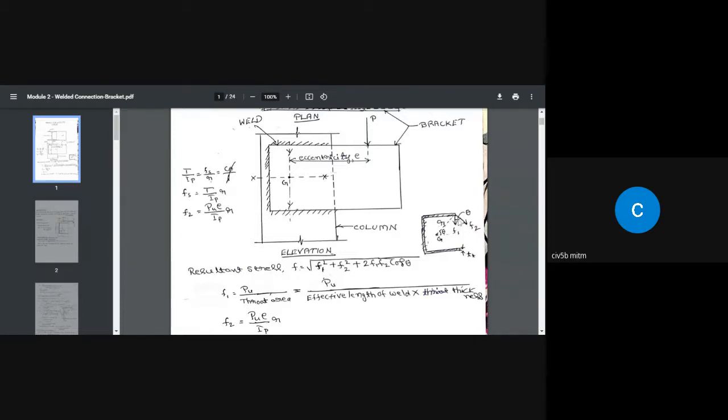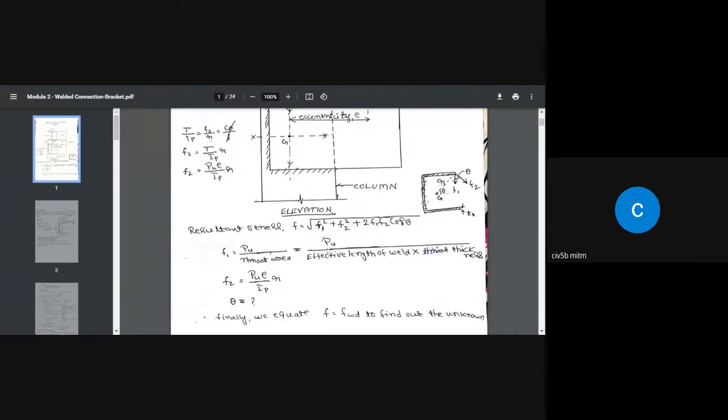So when you combine these two, the resultant of those two shear stresses is going to be somewhere in between. Okay, so that resulting shear stress we have called the F value, and we find out that F value using this formula. Then coming to theta, theta is the angle between these two forces.